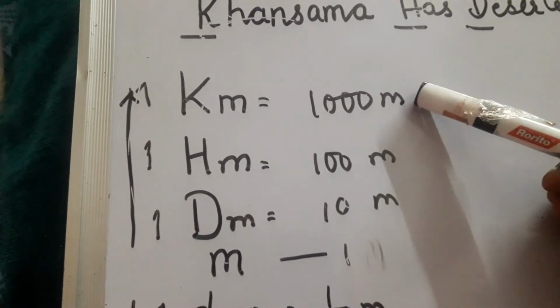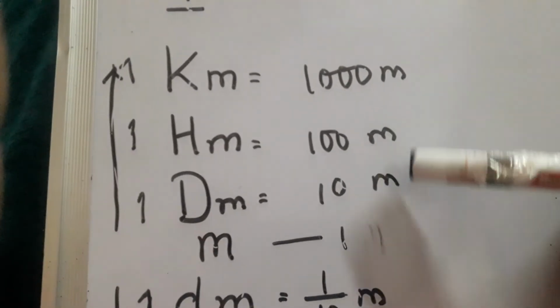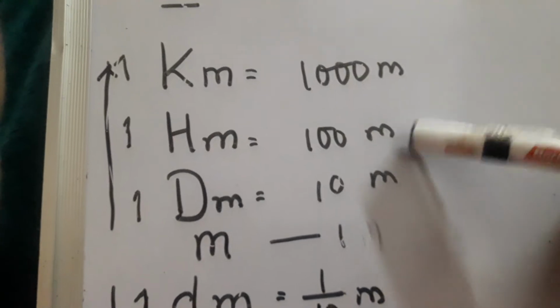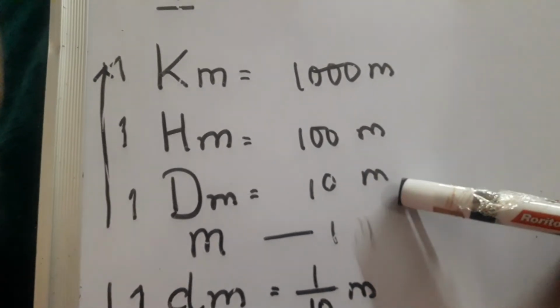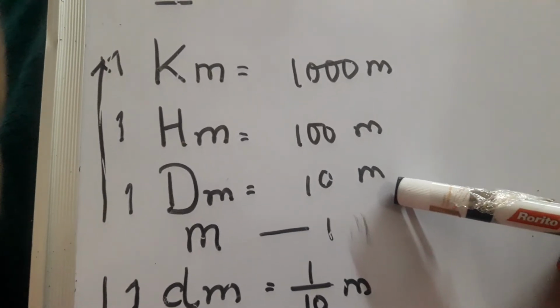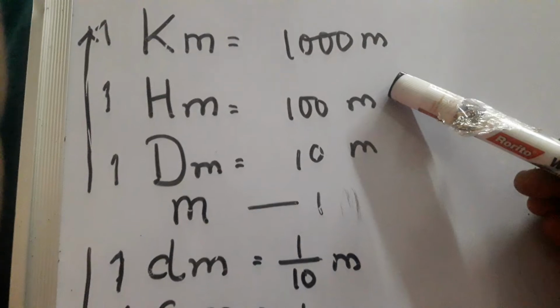Always it is the big unit, and the unit written below is the small unit. Now compare hectometer and decameter. Hectometer is on the upper side, decameter on the lower side, so decameter is the smaller unit and hectometer is the bigger unit.